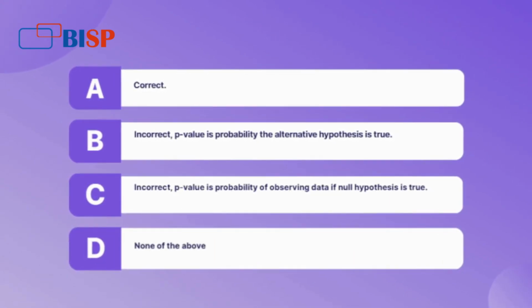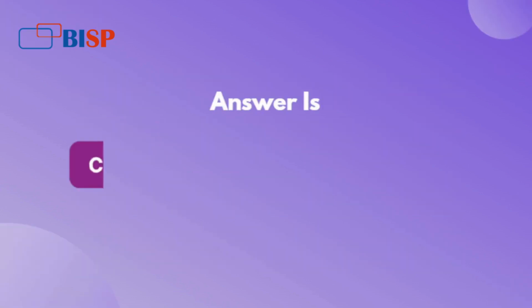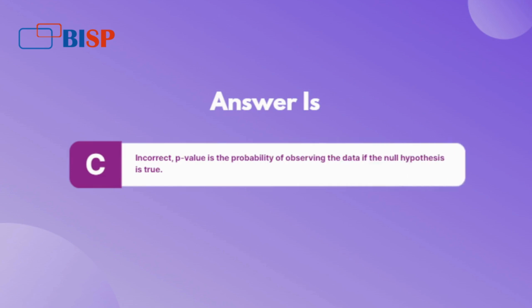C. Incorrect. P-value is the probability of observing data if the null hypothesis is true. D. None of the above. Answer is C. Incorrect. P-value is the probability of observing the data if the null hypothesis is true.